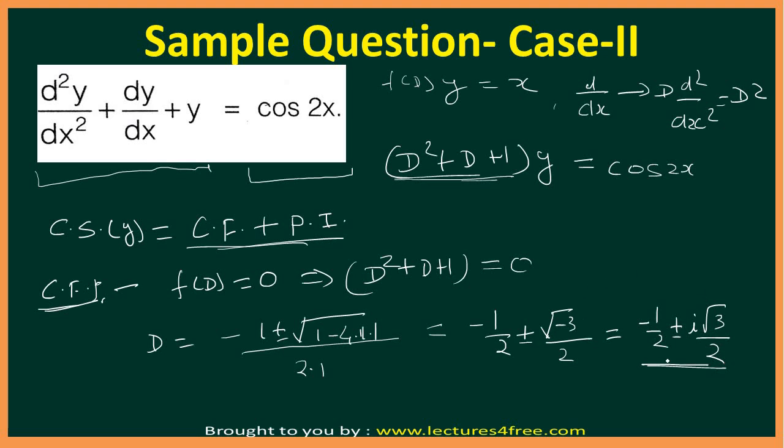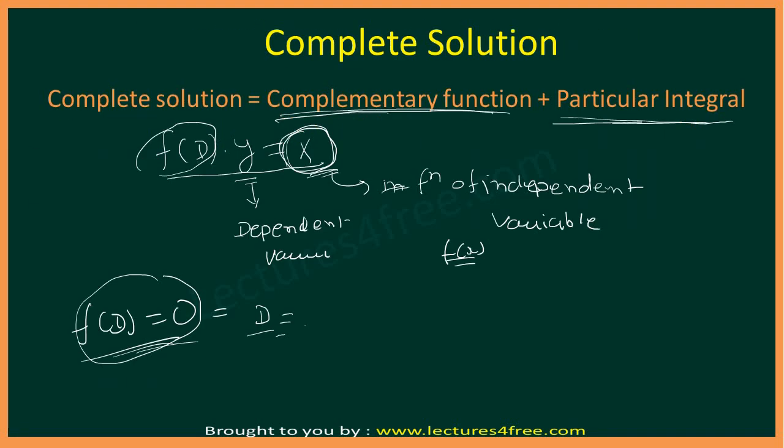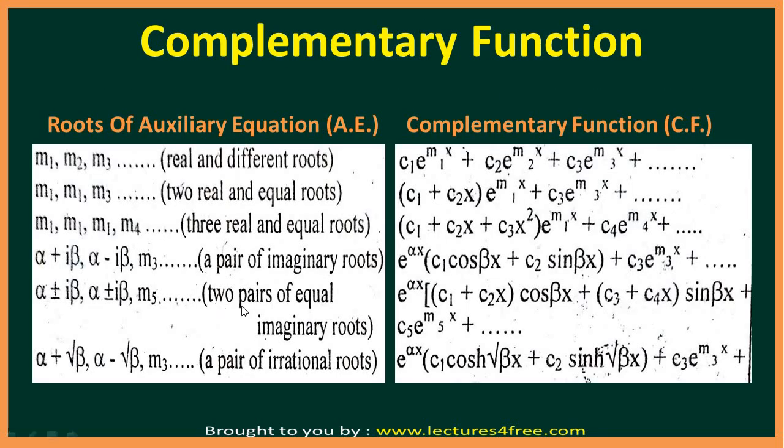When you get complex conjugate roots, what will be our complementary function? You can see from this slide; if you haven't remembered it, don't worry. When we get a pair of imaginary roots, where alpha represents the real term and beta represents the imaginary term, alpha plus i beta and alpha minus i beta, the solution is e to the power alpha x times (c1 cos beta x plus c2 sin beta x).